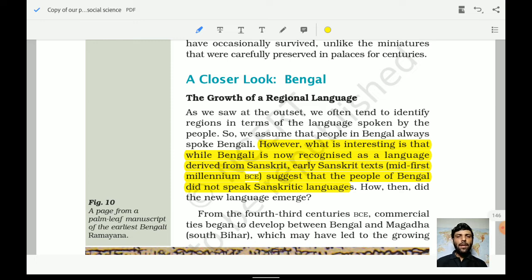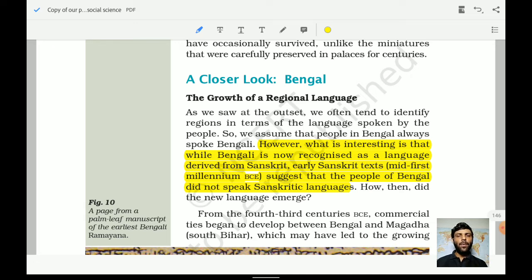We have already seen that the Sanskrit language got prominence in the time of the Guptas, when the Guptas started to rule, because after that we will see how the Palas come into prominence, and prior to that the Gaudas and Senas were there.